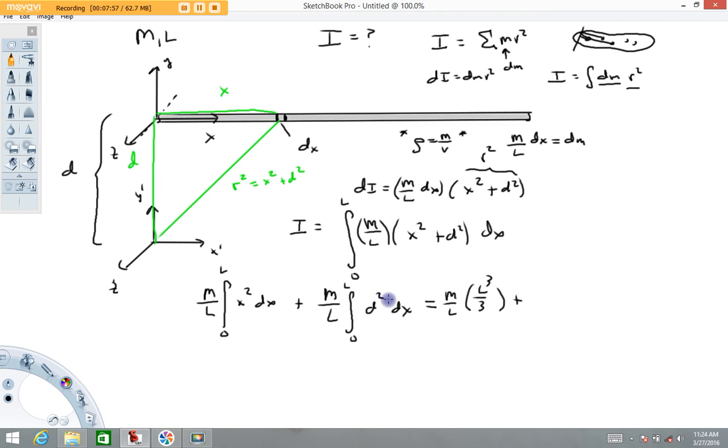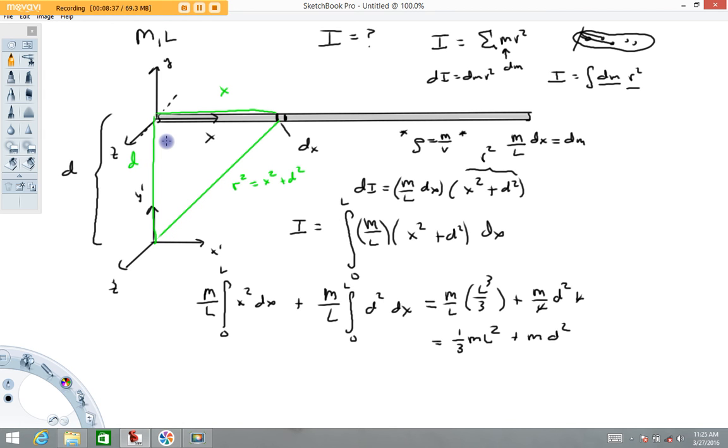Plus m over L d squared times the integral of dx, which is x, evaluated 0 to L. So that's going to give me just L. And you'll notice here, we're going to end up with 1/3 ml squared for the first term, because 3 L's up top, 1 at the bottom, plus here these L's are going to just cancel, and that's just going to give me a plus md squared. So there's an example of how to use direct integration to find the moment of inertia of a mass about really any axis we want.